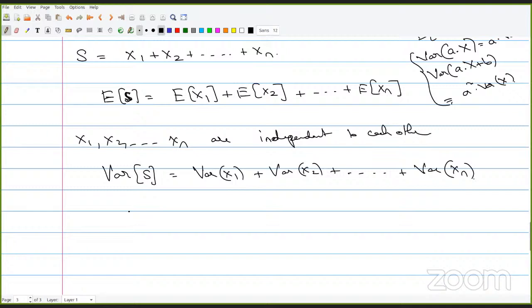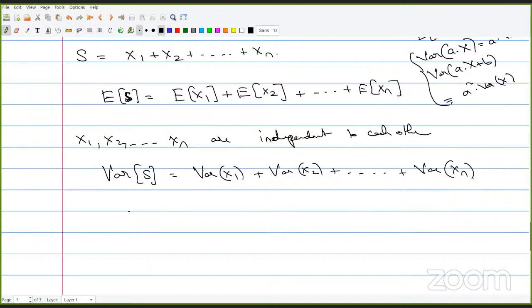Independence implies covariance equals 0, but not the other way around. So there can be a few random variables which have zero covariance but are not independent.